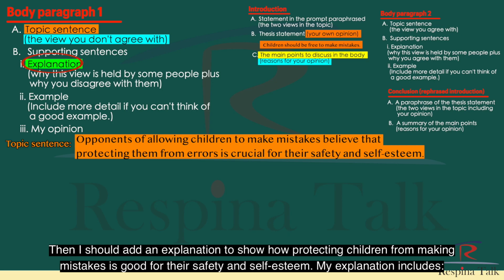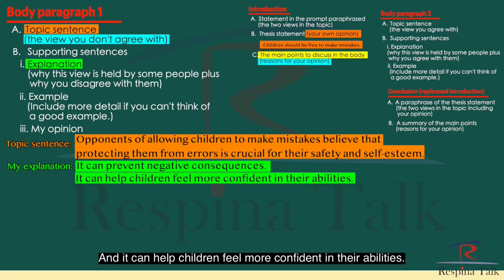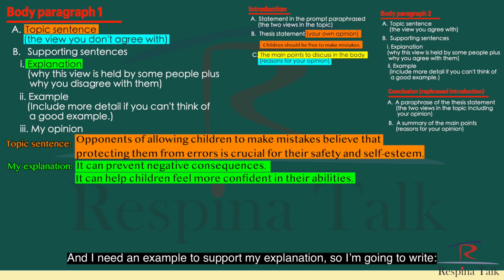Then I should add an explanation to show how protecting children from making mistakes is good for their safety and their self-esteem. My explanation includes, it can prevent negative consequences, and it can help children feel more confident in their abilities. And I need an example to support my explanation.